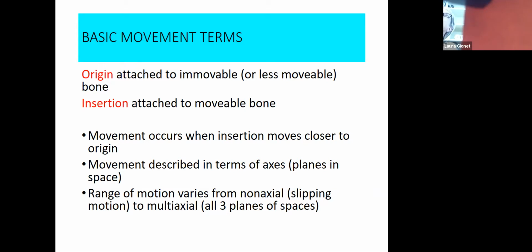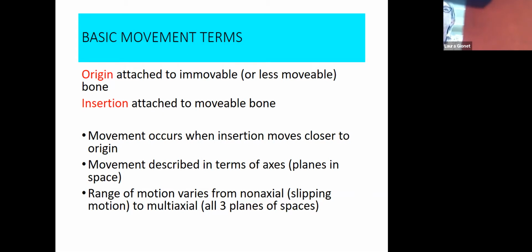There's generally one end that stays stationary or more stationary, and the other end is going to be the bone that you intend to move or produce some kind of movement. Therefore, the origin, I should say, is attached to the immovable or less movable bone, and the insertion is attached to the movable bone. That's the gist of that.